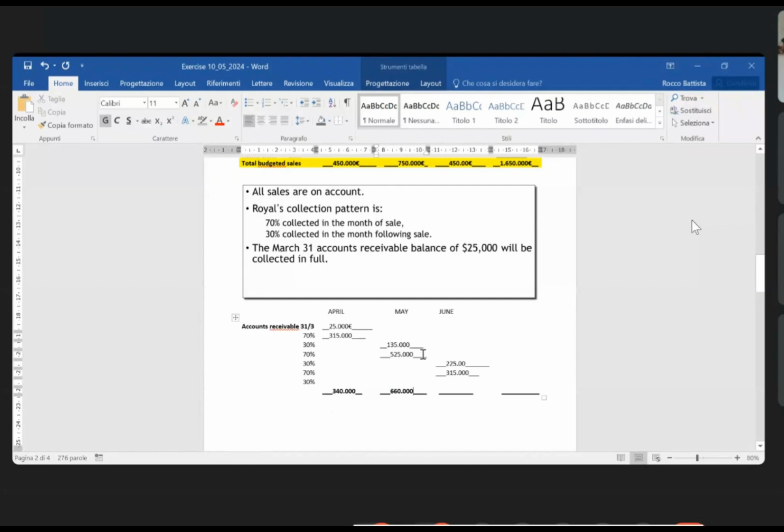Yes, correct, sir. And in June is 540. Okay. So let's do the total accounts receivable for the quarter we are interested in, that is the sum of April, May, and June.